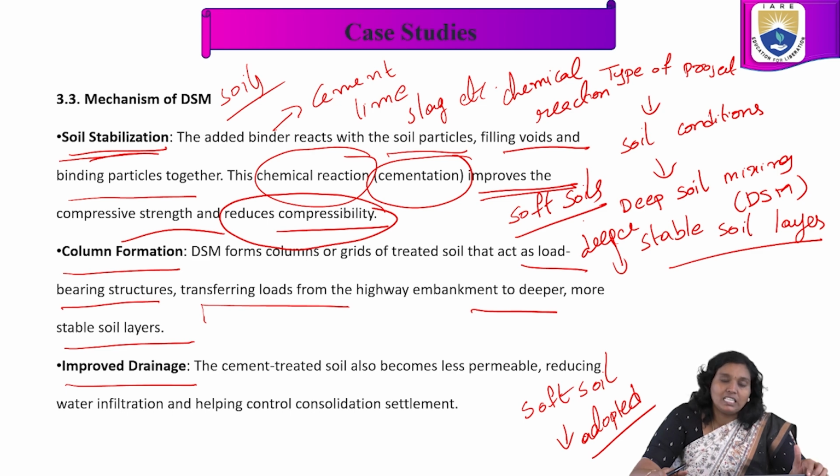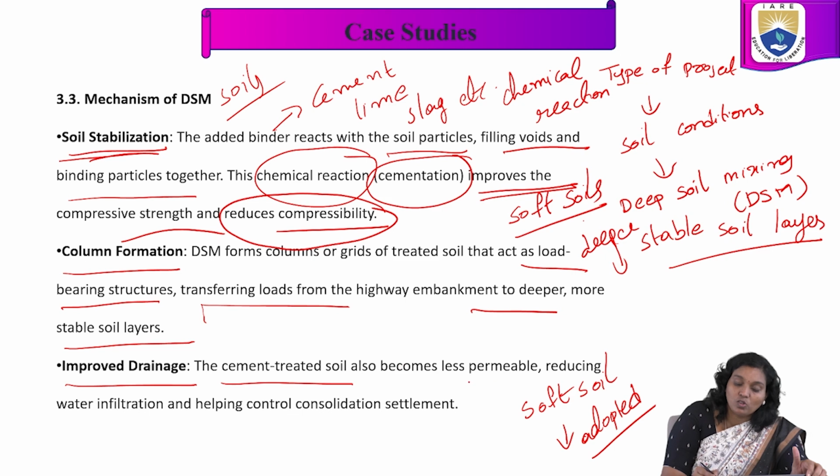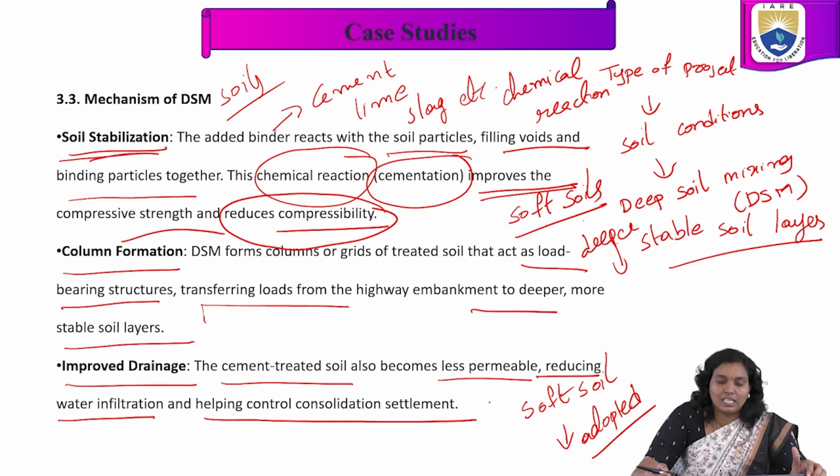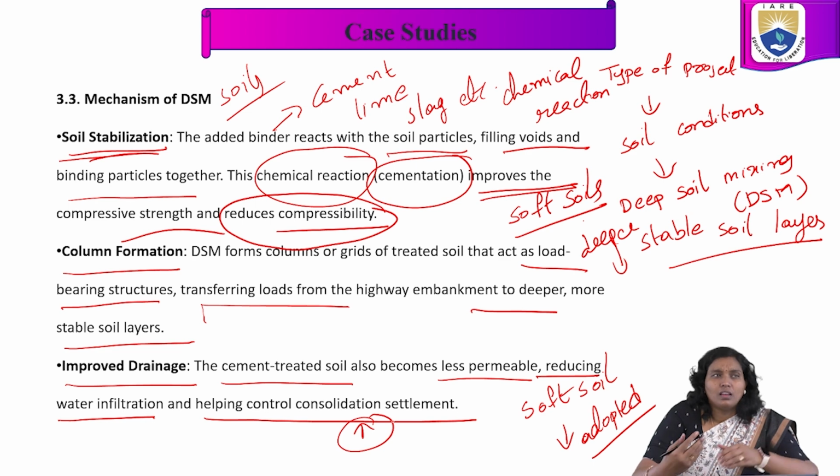So in those conditions, the cement treated soil becomes less permeable, reducing water infiltration and helping control consolidation settlement. This helps the project we are choosing for construction work.